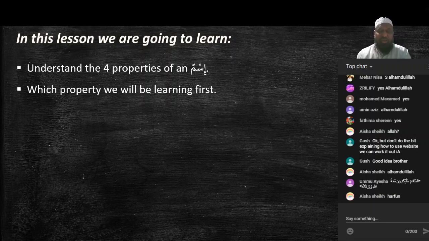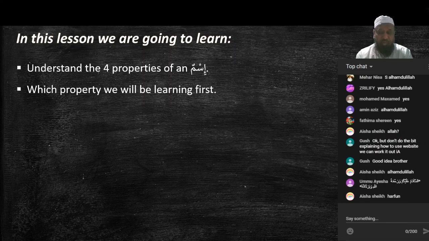So these 3 kalimat make up Arabic grammar. Once we know everything about ism, how ism works, once we know everything about fi'l, how fi'l works, once we know everything about harf, how harf works, then we know Arabic grammar. Maybe we won't know everything in one go.